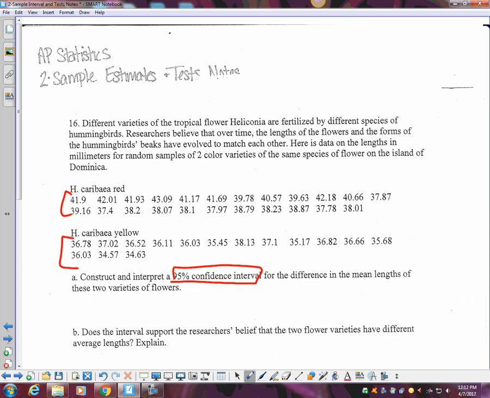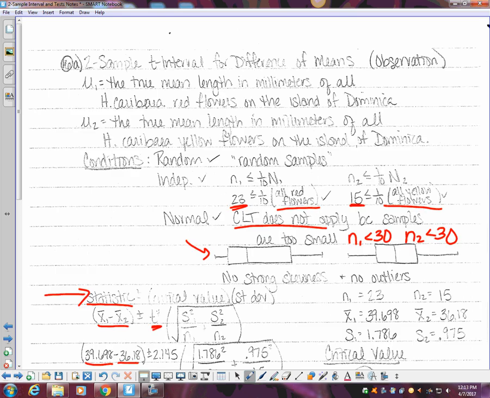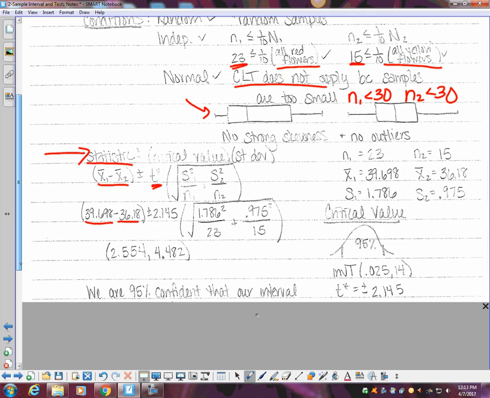I typed red into L1. I typed yellow into L2, and I did a 2 variable stats, and it broke down all the information for L1 and L2. So that's where this came from, and I wrote that here. Again, that's not required, but it's just nice and tidy and labeled correctly with the right letters and bars and sub numbers.